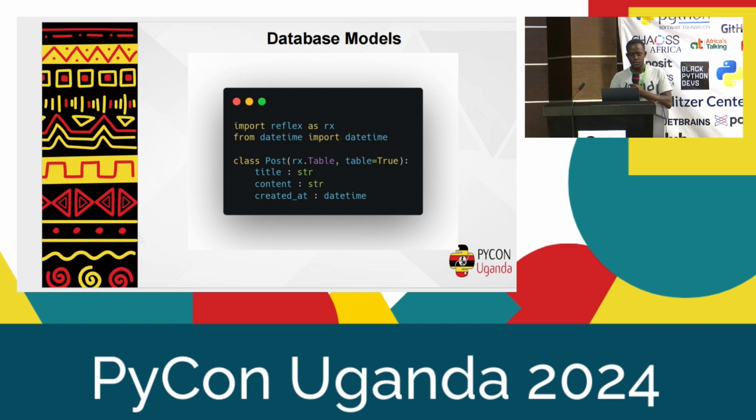You have rx.Model, that is the class that every model is going to be inheriting from. And by specifying table equals true, you're using SQL Model's way to basically say that this is going to be a class that's also going to be a table in your database. So for this case, we just create the data structure of the title and the content for the posts, just like we did for our dummy data list. And then, how many of you guys have used Alembic?